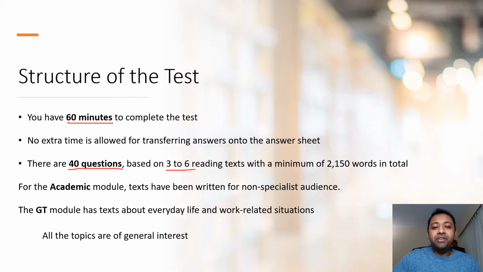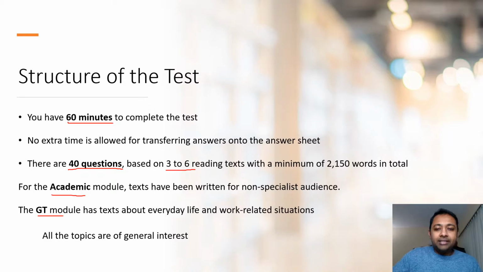However, there will be 3 to 6 different reading texts with a minimum of over 2000 words. 3 to 6 is because the academic and the general training modules of the test are different, which means the academic students get a different paper, and the general training students get a different paper.